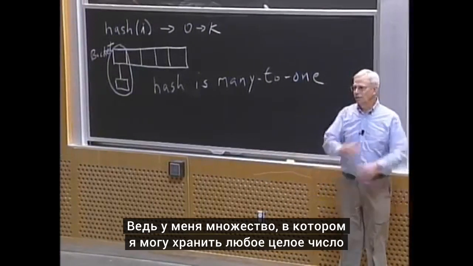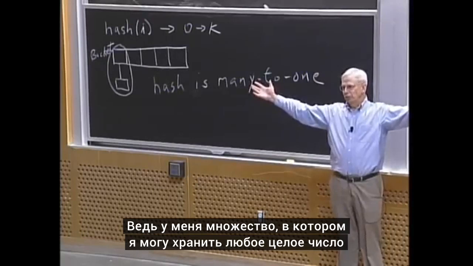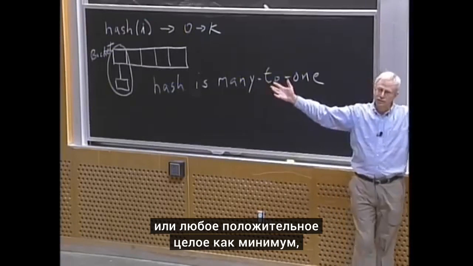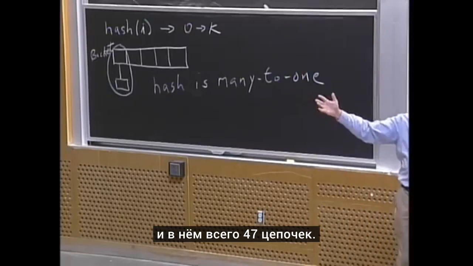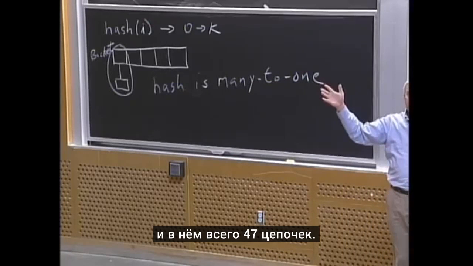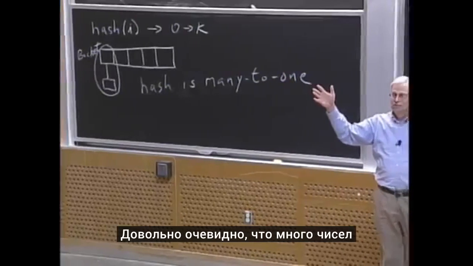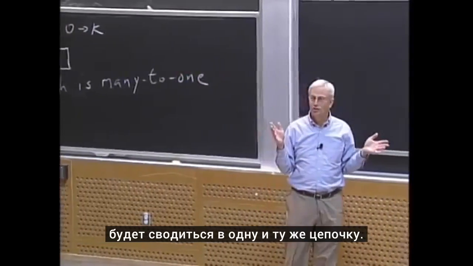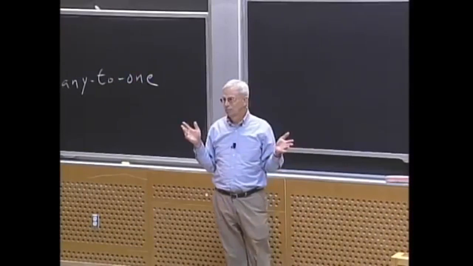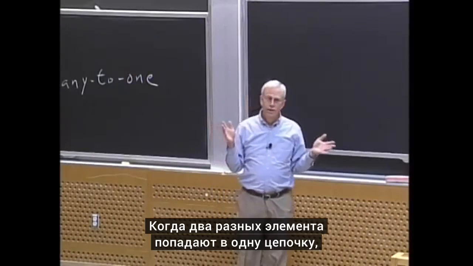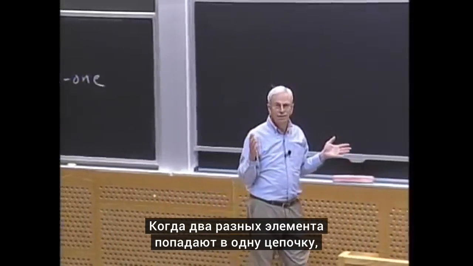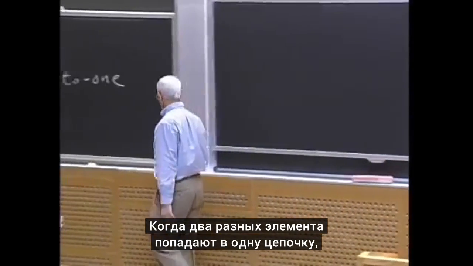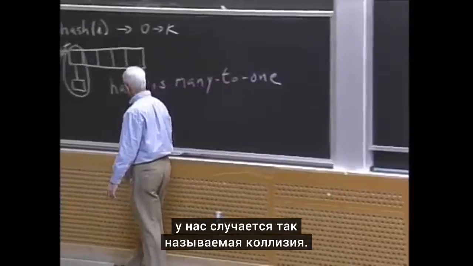Since after all, I have a set in which I can store any integer, or any positive integer at least, and there are only 47 buckets. So it's pretty obvious that many integers will hash to the same bucket. When two different elements hash to the same bucket, we have what is called a collision.